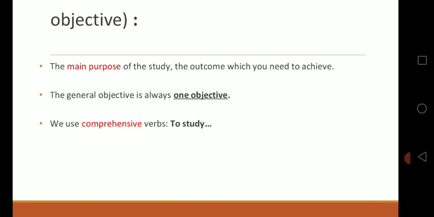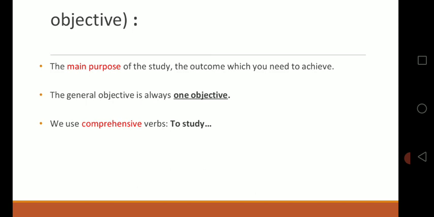طيب this is first part is the general objective أو اللي هو the primary objective. هنا العنوان ناقص معلش. this is the general objective اللي هو قلنا the first subheading of the objectives هو a general objective أو primary objective. تمام. this is the main purpose of the study. تمام، اللي هو the outcome that you want to achieve. تمام، the main outcome or the main purpose of the study, this is called the primary or the general objective.